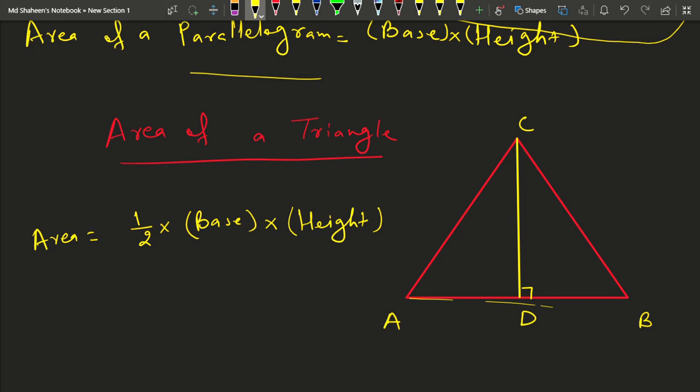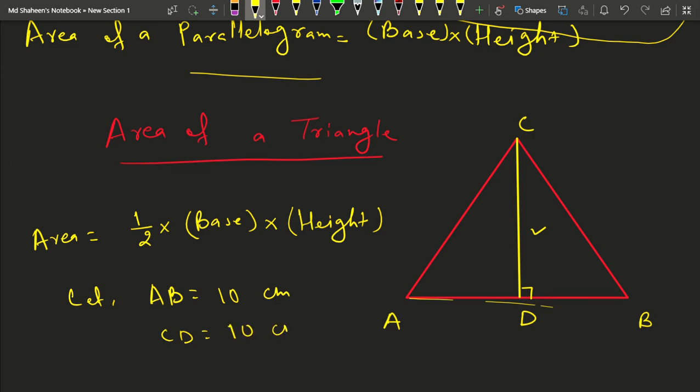For example, let's say the base AB is given as 10 centimeters, and CD is also given as 10 centimeters.